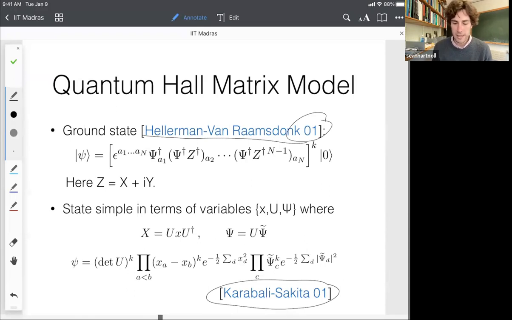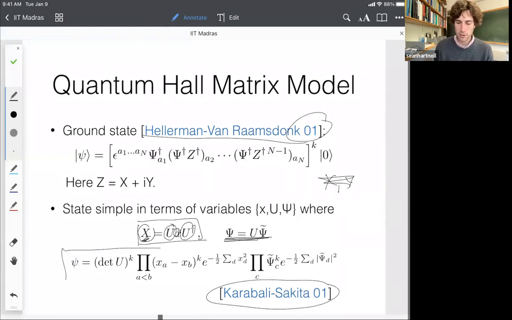way to write it down is to parameterize your system by diagonalizing. So you diagonalize one of the matrices. Remember, x and y don't commute quantum mechanically, so the wave function is just a function of x. So you diagonalize one of the matrices, and you also rotate this vector. And then the wave function takes this form. There's a wave function for the eigenvalues of x.